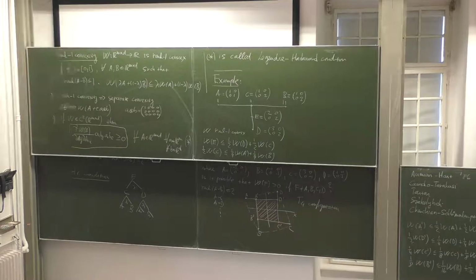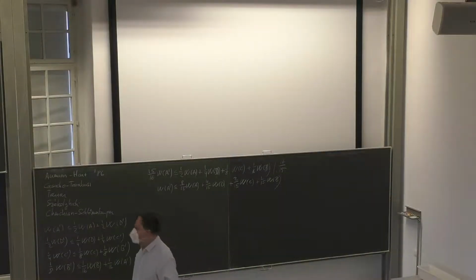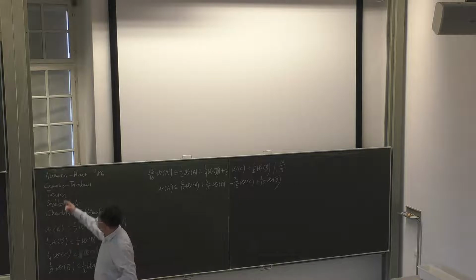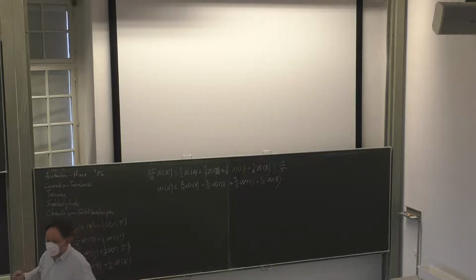So that's a nice construction. And these people also have it in the paper, and then Casadio Tarabuzzi has a paper on an algebraic characterization of quasi-convexity. And in the process of developing the paper, he discovered or rediscovered this case and so on.